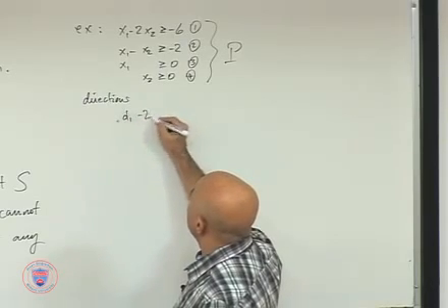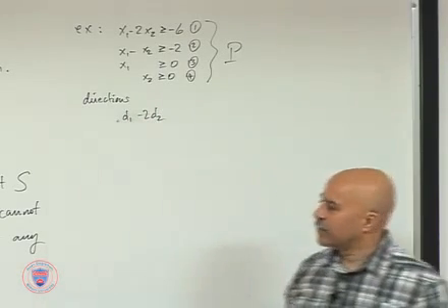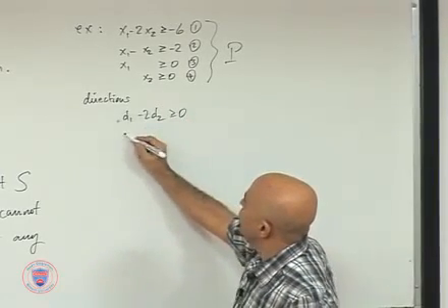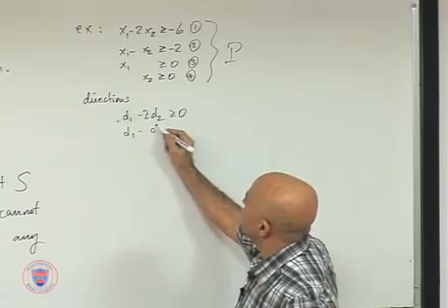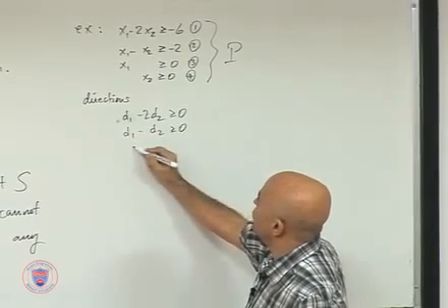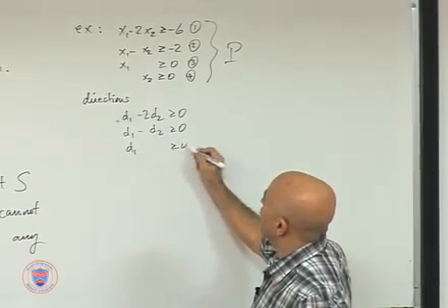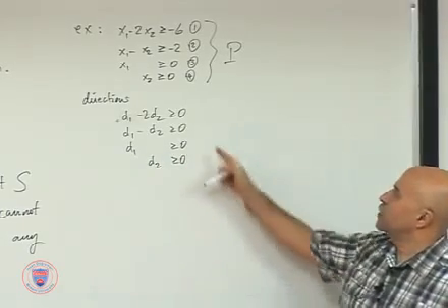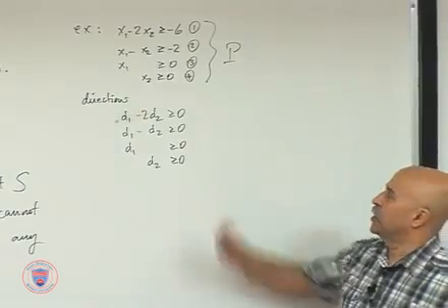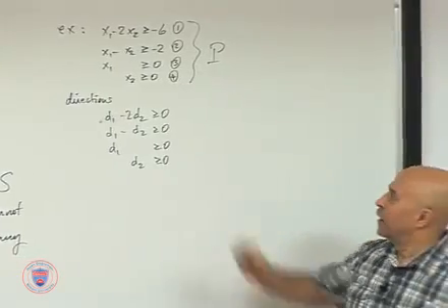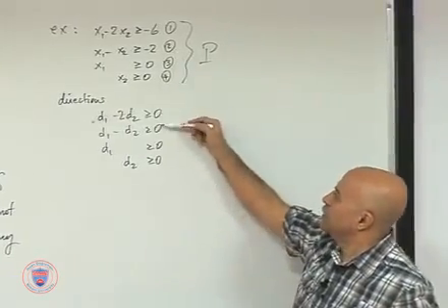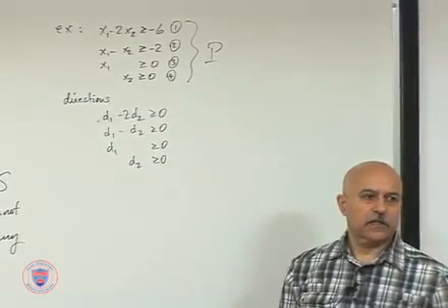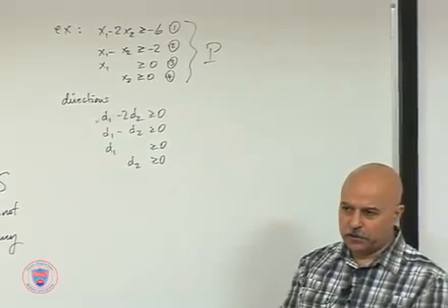Let me change this to D1 minus 2 D2 greater than or equal to 0, D1 minus D2 greater than or equal to 0, D1 and D2 both non-negative. Of course, number 3 and number 4 don't change. They are already stated here. The right-hand sides of the other ones are changed. So all of these constraints are now passing through the origin.